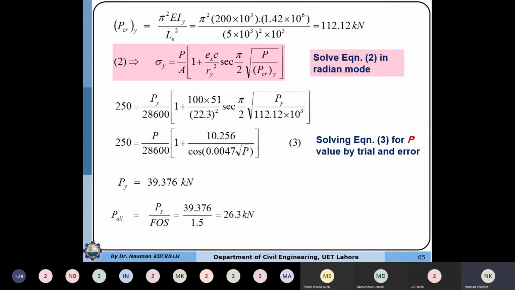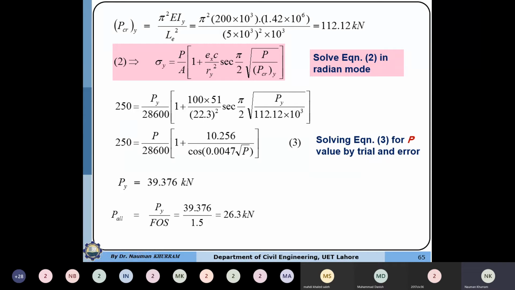It means that this is the load value which is causing the yielding in this column. So the factor of safety is equal to P_y over P allowable, or P allowable will be equal to P_y over factor of safety. Factor of safety is given as 1.5 against yielding. So this load is coming out to be 26.3.